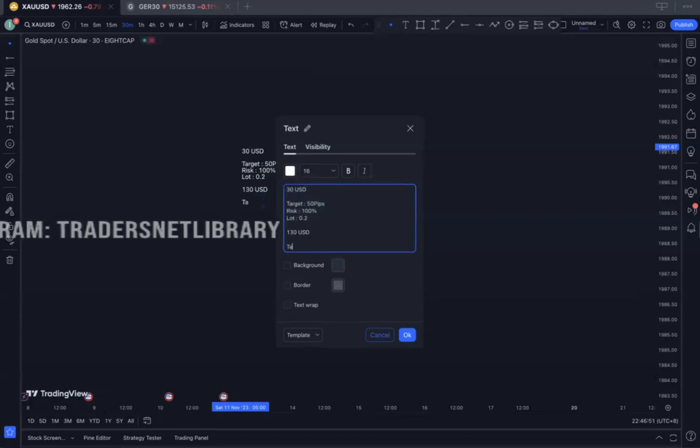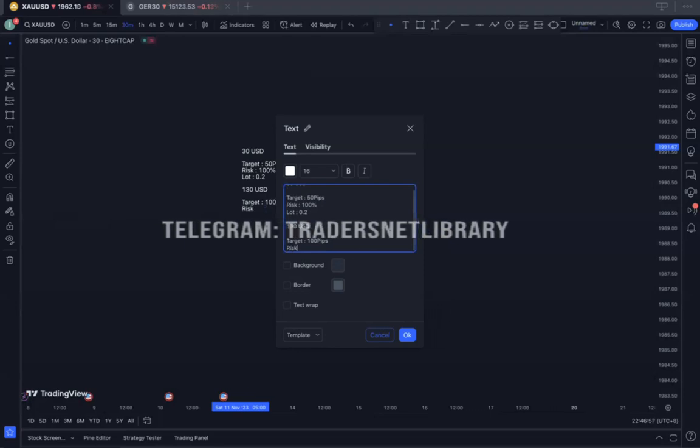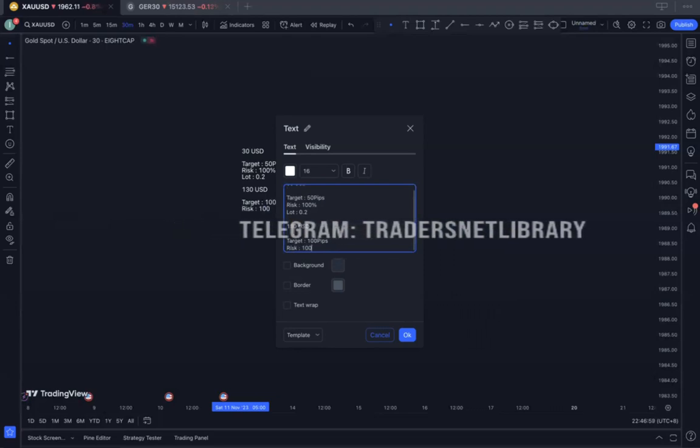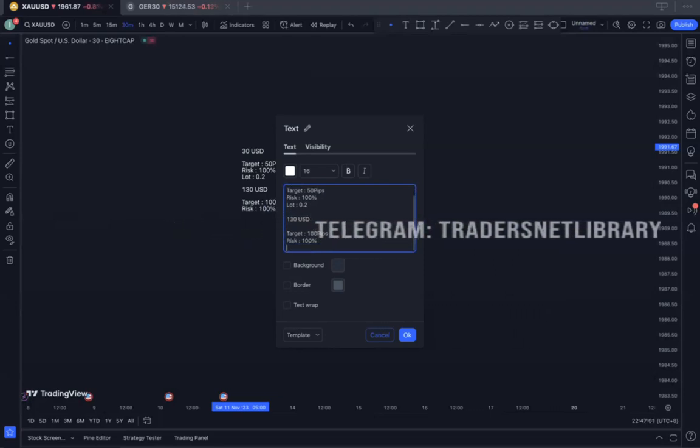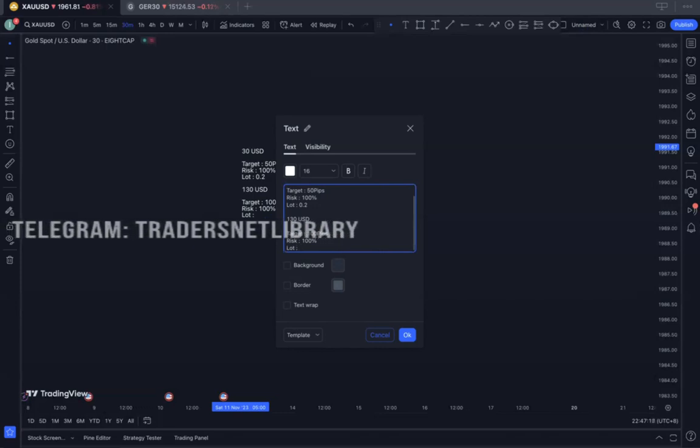So do it again. Second target is going to be 100 pips. And then the risk should be how many? Still 100%. Okay, calculate the lot size for me. $130, risk 100%, and SL maybe 15 pips or 20 pips, something like that.